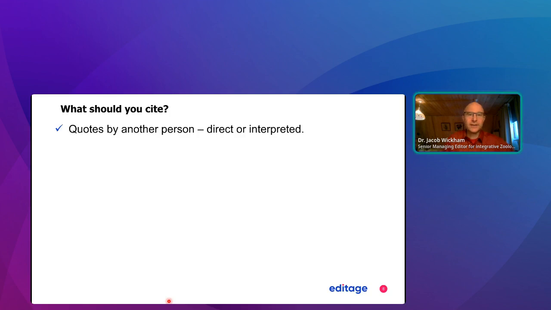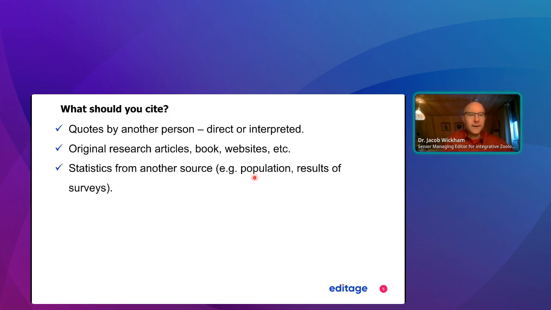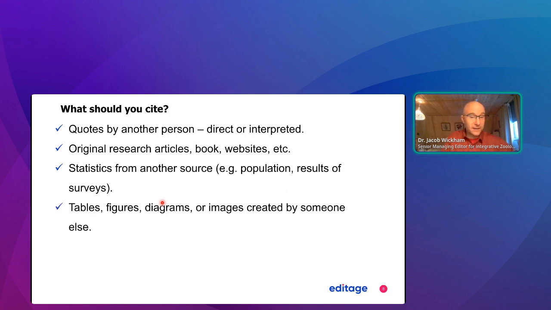So, what should you cite? Quotes by other people can be direct or interpreted. Original research, also some books, even websites can be cited. Statistics from another source, for example, populations or results of surveys. You can cite data as well, or tables and figures or diagrams created by others.